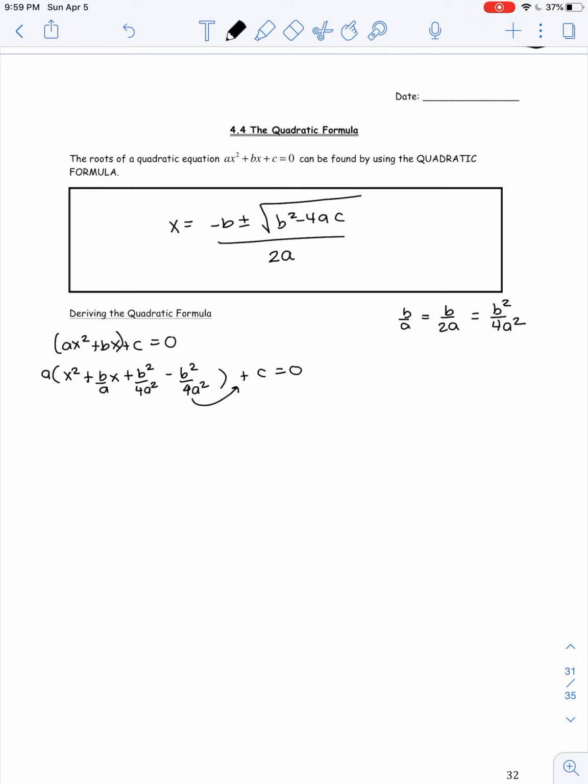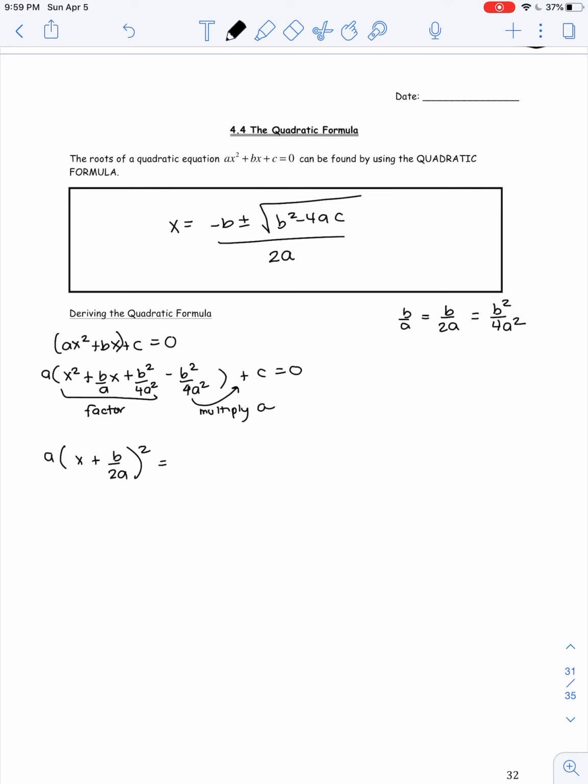Now we're always going to take this negative number outside, but we have to multiply it by the value in front, which is our a, our stretch. And then to factor this, we always take half the middle, and we don't have to square it, just half of that number is b over 2a, squared, outside.